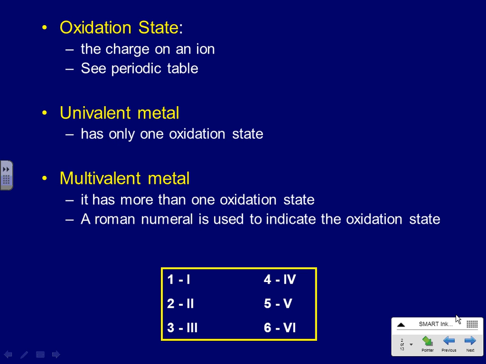There are some ions that can exist in more than one stable oxidation state. And I'm hoping this isn't new as well. We use Roman numerals to indicate which oxidation state we're talking about for that particular compound, because we have to be able to distinguish between them.